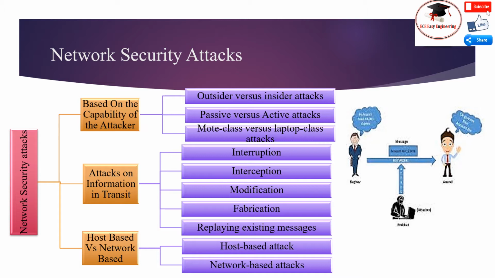Attackers may devise different types of security attacks to make the wireless sensor system unstable. Network security attacks are classified on the basis of capability of the attacker, attacks on information in transit, and host-based versus network-based attacks. Based on capability of the attacker, they are further classified into outsider versus insider attacks, passive versus active attacks, mote class versus laptop class attacks.